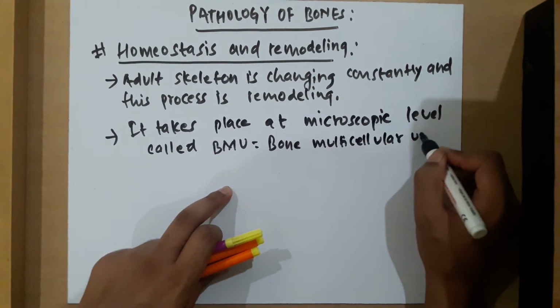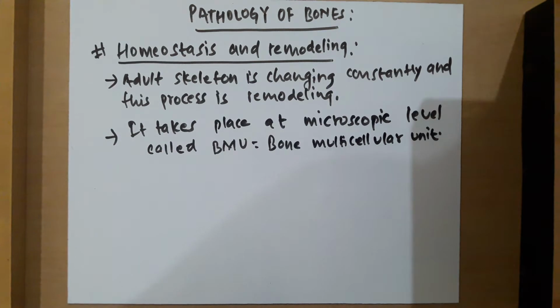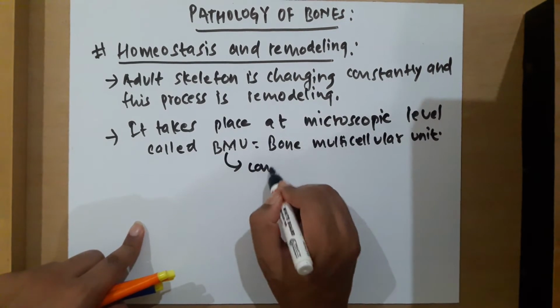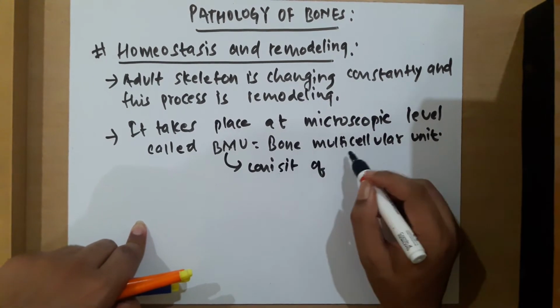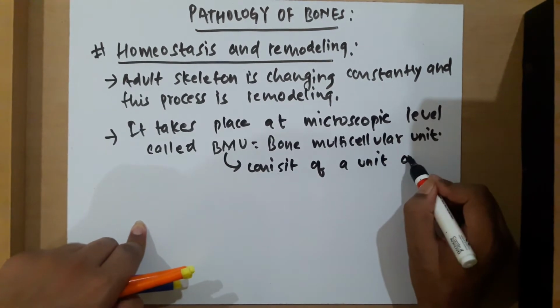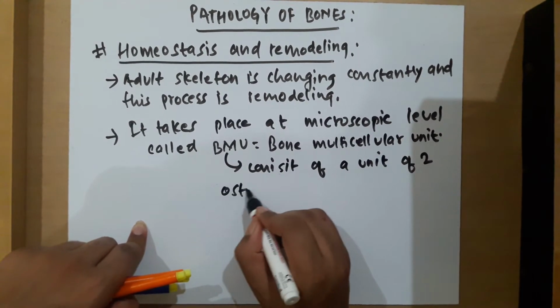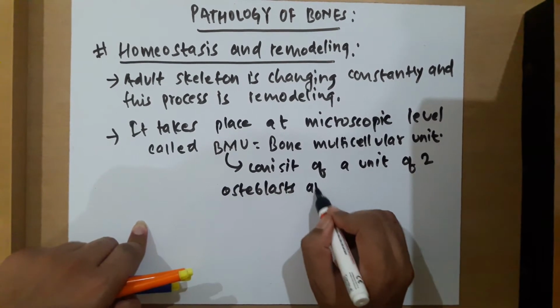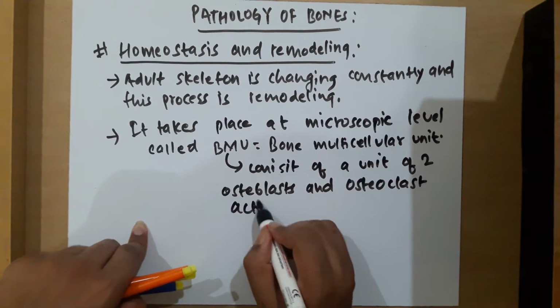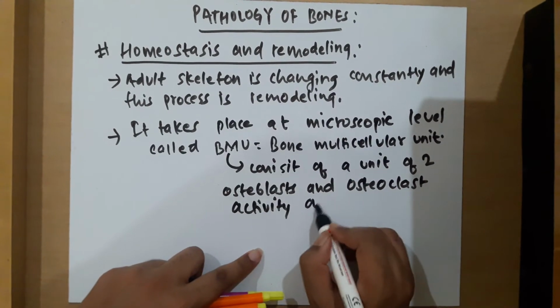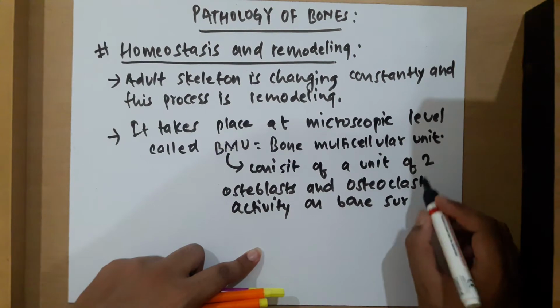It is also sometimes called basic multicellular unit, and it consists of two osteoblasts and osteoclast activity on the bone surface. Okay.